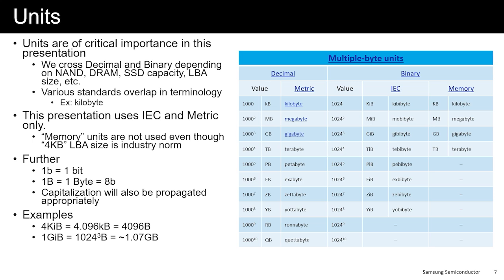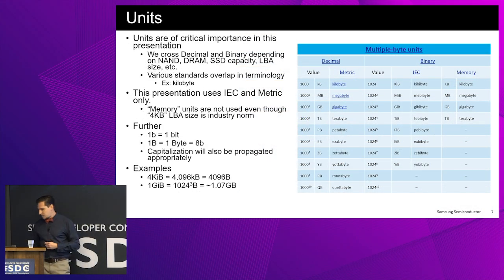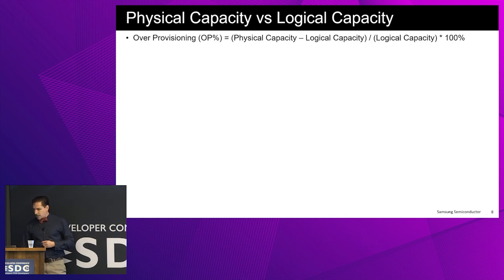I don't use the units you'll see in this memory column, which is pretty common in the industry, but since I'm going back and forth, I focus on the two columns that provide clarity. So I try to say kibibytes, 4 kibibytes, through this presentation for that purpose. From a physical and logical capacity perspective, we all know the basic definition of over-provisioning.